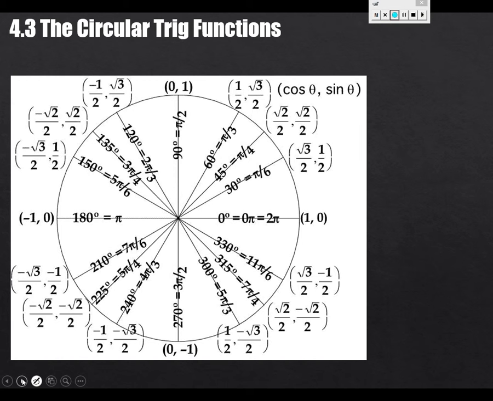And again, let's talk about why this is useful to look at, okay? If someone asks you, what is the sine of 7 pi over 4, for example, and you happen to know that 7 pi over 4 is down here, and you happen to know its coordinates are root 2 over 2 comma negative root 2 over 2, then what is the cosine of 7 pi over 4?